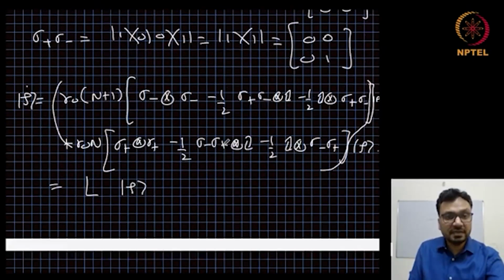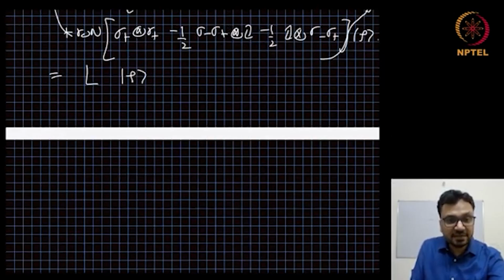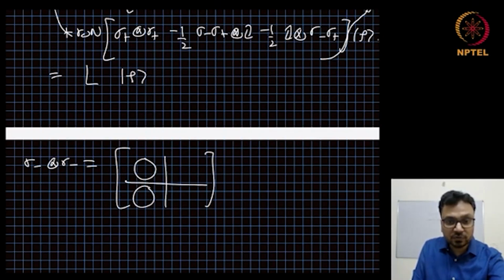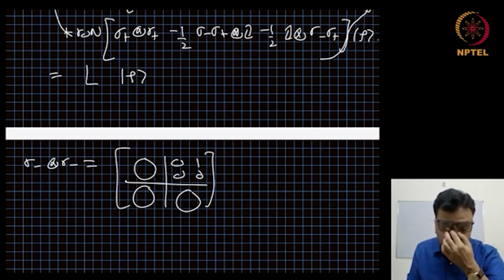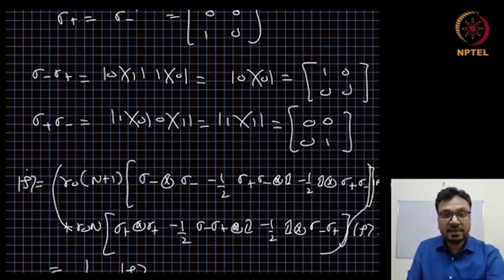Now let us calculate L. For that we need sigma minus tensor sigma minus. By looking at the definition of sigma minus, it becomes a 4 by 4 matrix of this form. Sigma plus sigma minus, sigma minus sigma plus is 1 0 0 0.